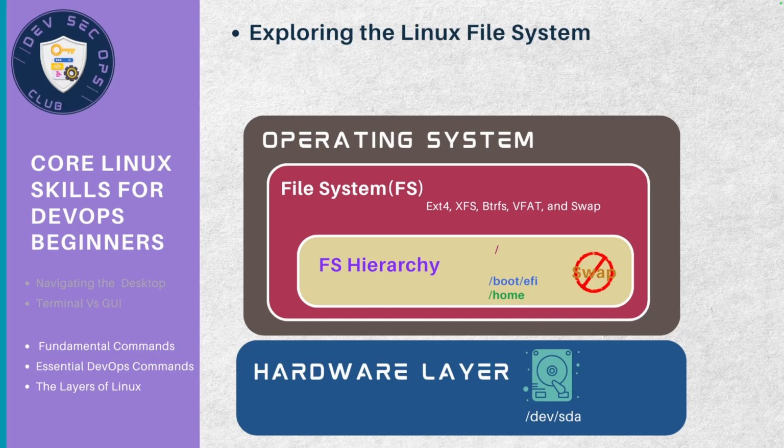Okay, so guys, remember, swap is not a part of the file system hierarchy. Always remember, this is very important, because this is also part of our installation process where we are installing the operating system. We also create a partition. So it seems like we can also access this.